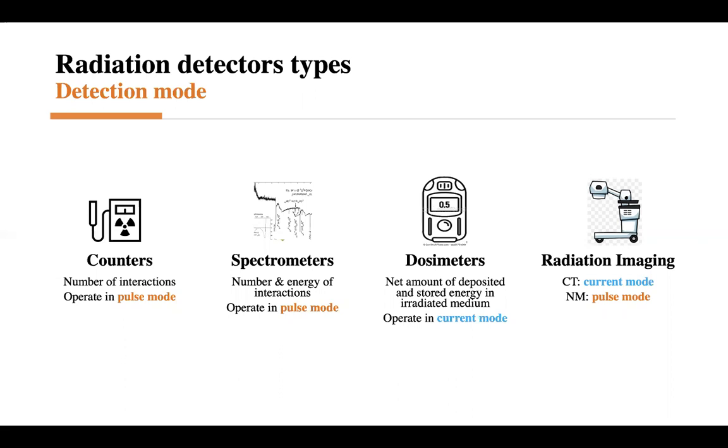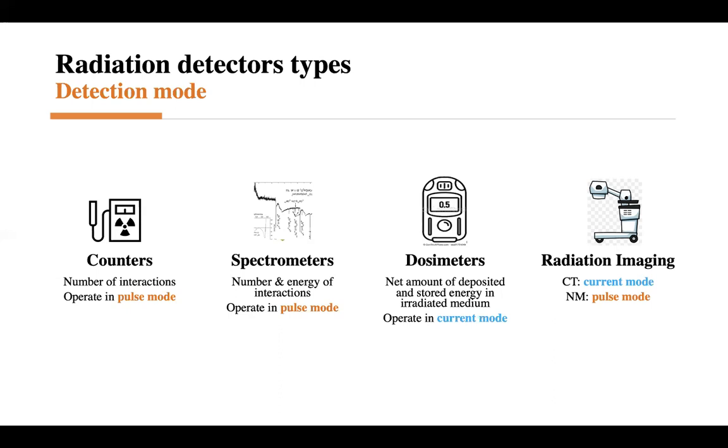Or the detector can be used as a dosimeter, just measuring the net deposited energy in the medium of the detector. And in this case, we operate the detector in what we call current mode.